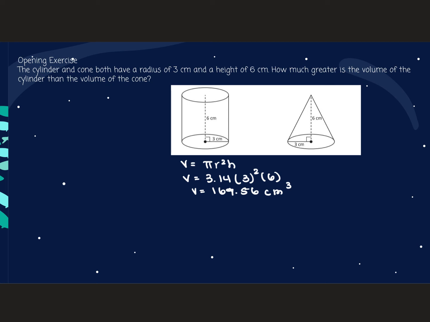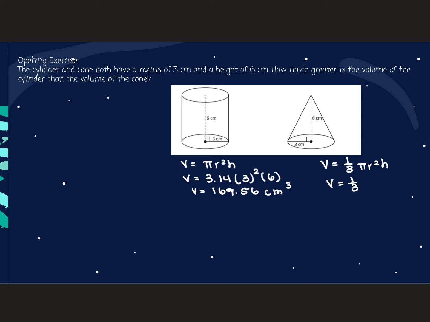Now let's look at the cone. The volume of a cone is V equals 1/3 pi r squared h. Just like with the rectangular prism and the square pyramid, the formulas are similar, except with the square pyramid and the cone, we have 1/3 in front of the rest of the formula.